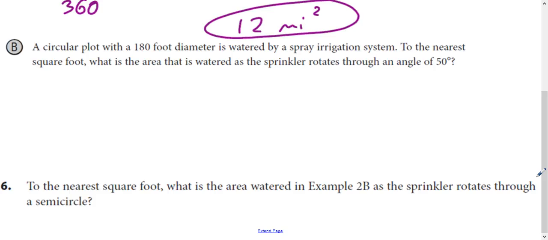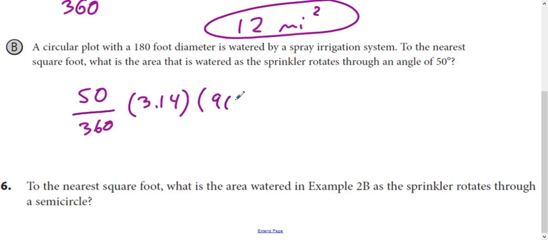You can also apply it to sprinklers. A circular plot with a 180-foot diameter is watered by a spray irrigation system, sprinklers. To the nearest square foot, what's the area that is watered as the sprinkler rotates through an angle of 50 degrees? So it rotates 50 out of 360 times pi times radius squared. We're told the diameter is 180, so the radius is 90, half the diameter.